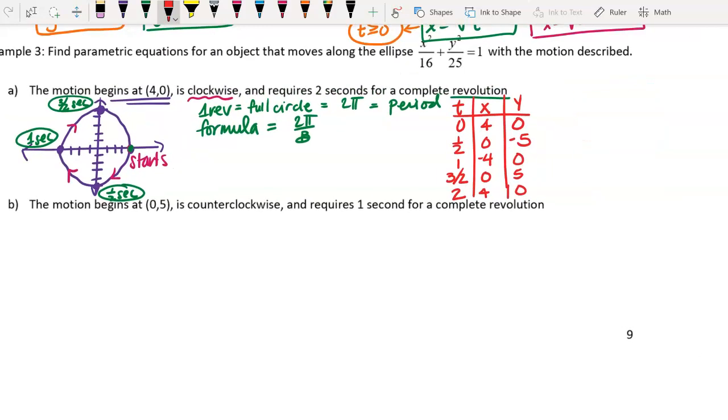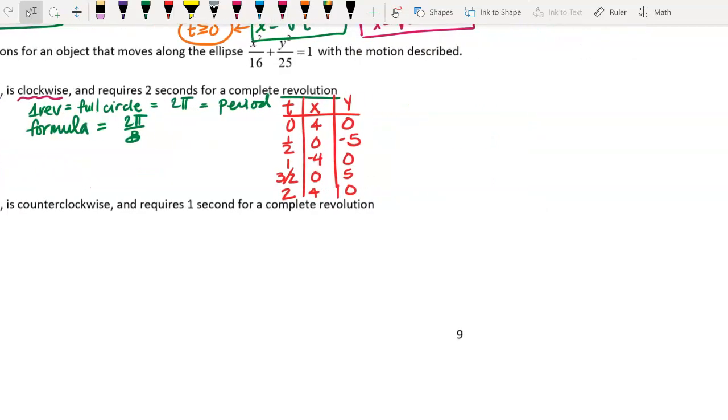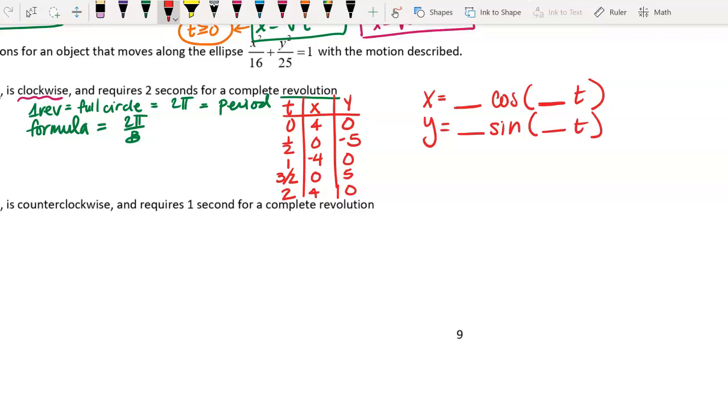Now, because it is circular motion, we're going to deal with trig. Okay, so your parametric will have these 2 options only. It will be x equals a blank space in the front for amplitude. We can start with cosine and a blank space for your b value, your beta, times t. Or y equals blank. If x is already cosine, then y will be sine, or the other way around.